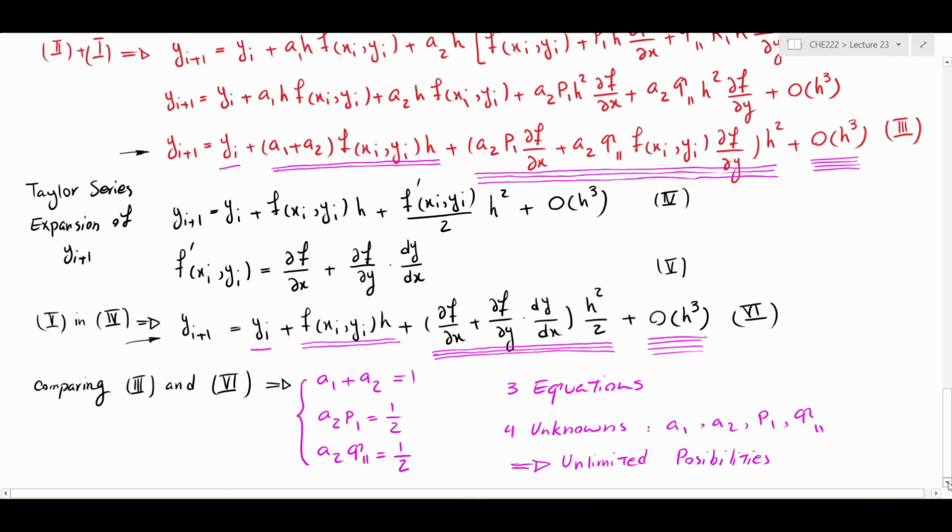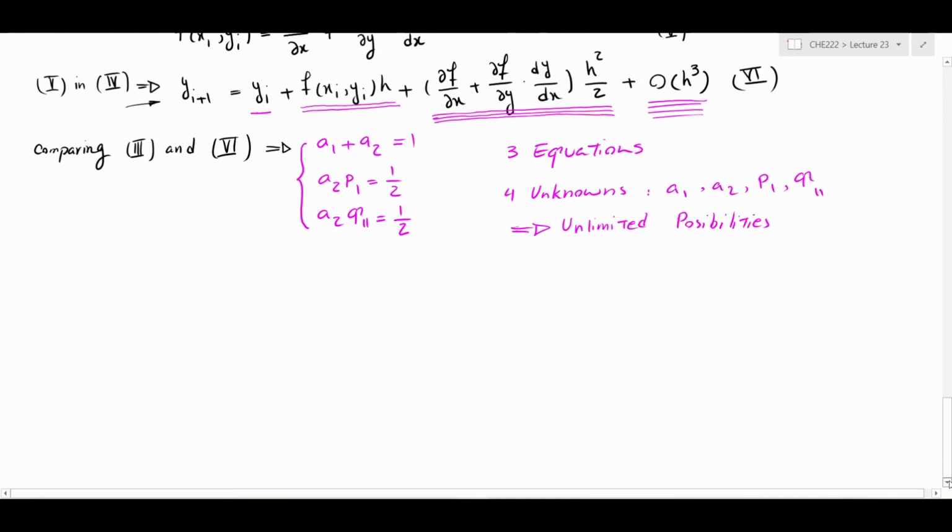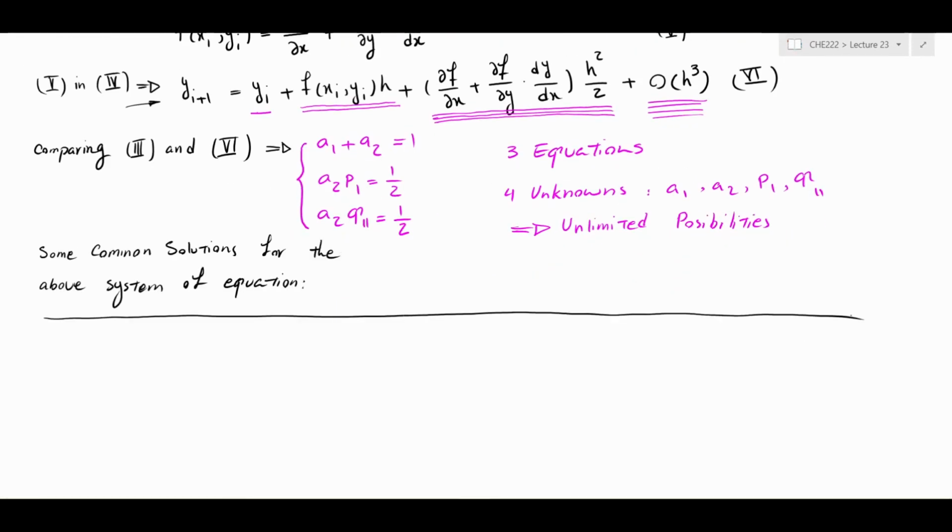Now let's have a look at some of the common options for solving this system of equations. So our first choice is assuming a2 is equal to half.